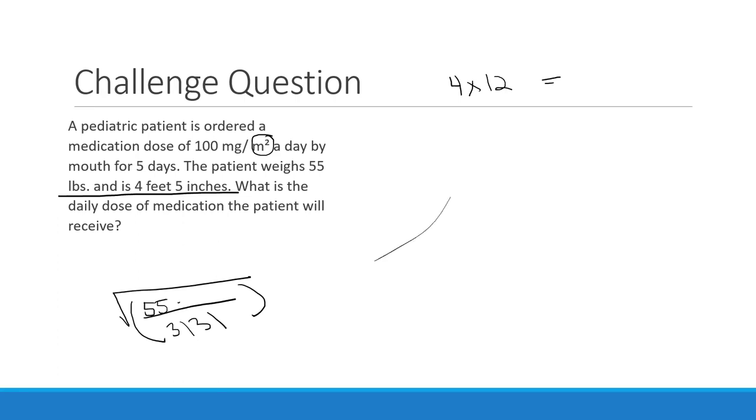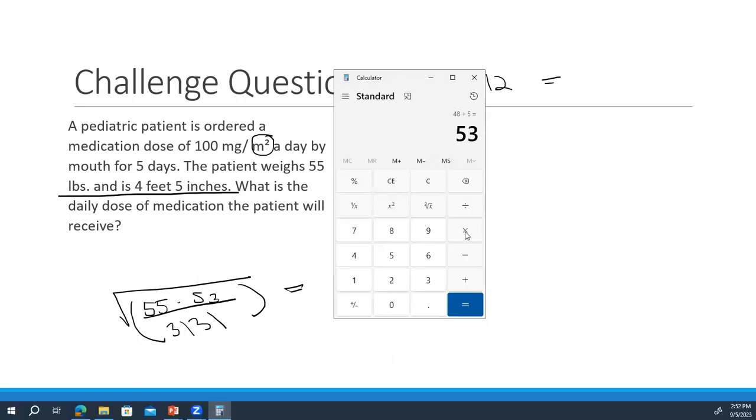So I've got 53 here. So I need to find that first. So we've got 53 times 55, which gives me 2,915. Divide that by 3131, and that gives me 0.931, all that jazz there.